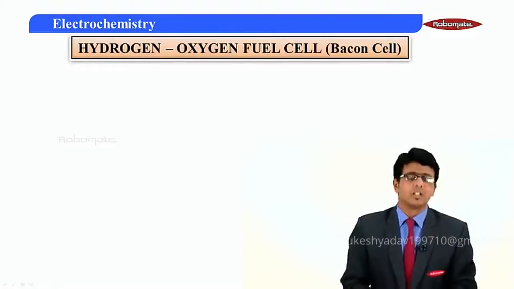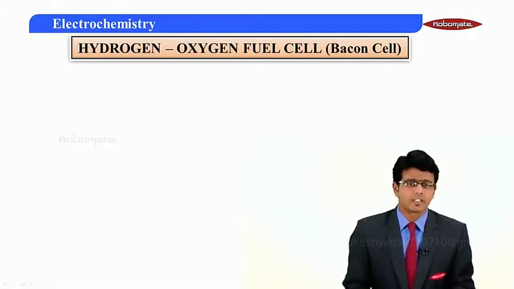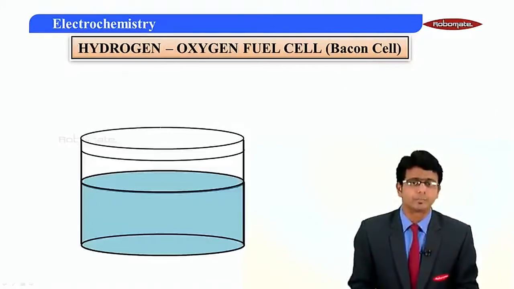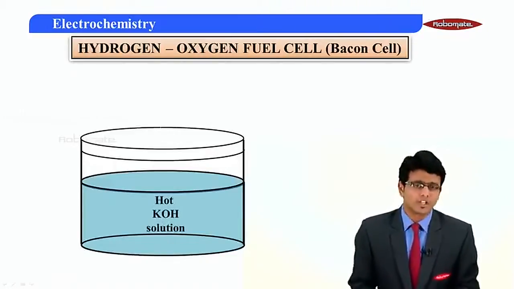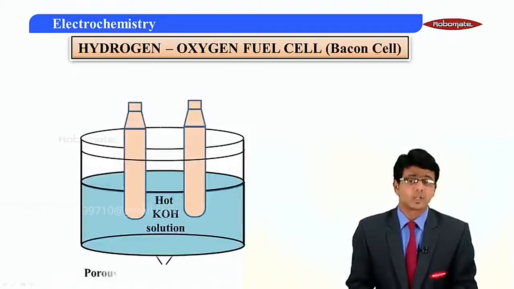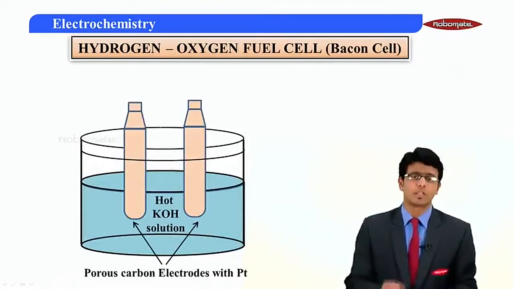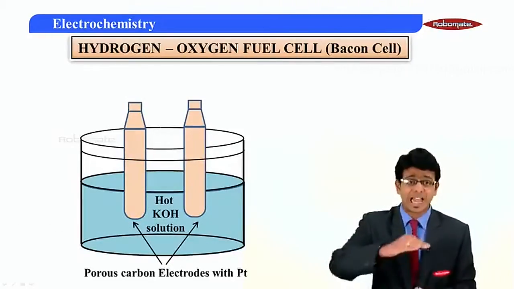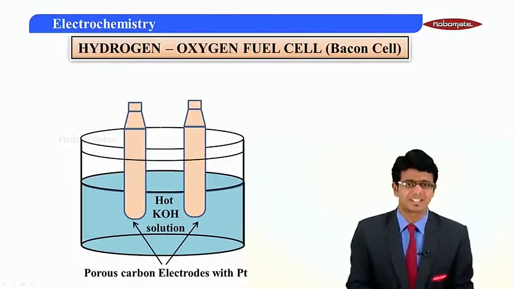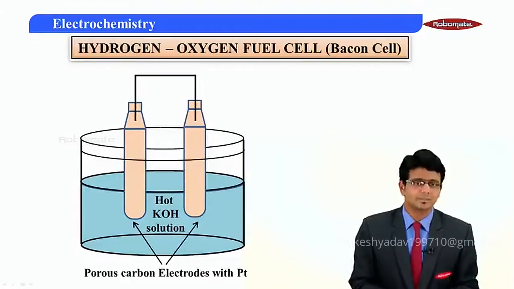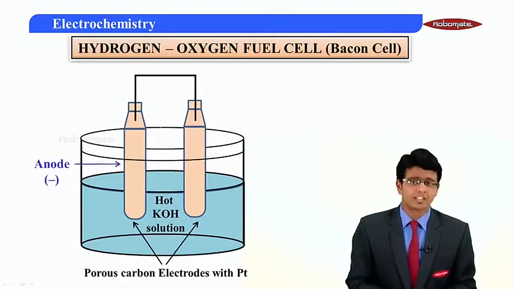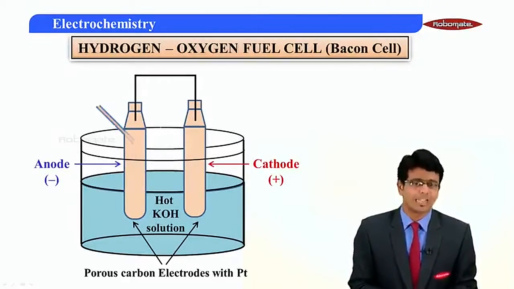So construction wise it consists of a container having the hot KOH solution. There are two graphite electrodes or porous carbon electrodes which are stacked with platinum plates. They are connected through a metallic wire. There are two inlets for anode and cathode.